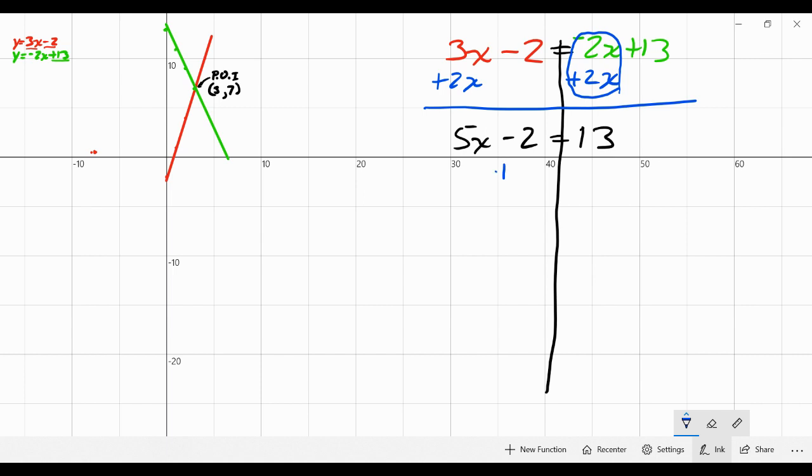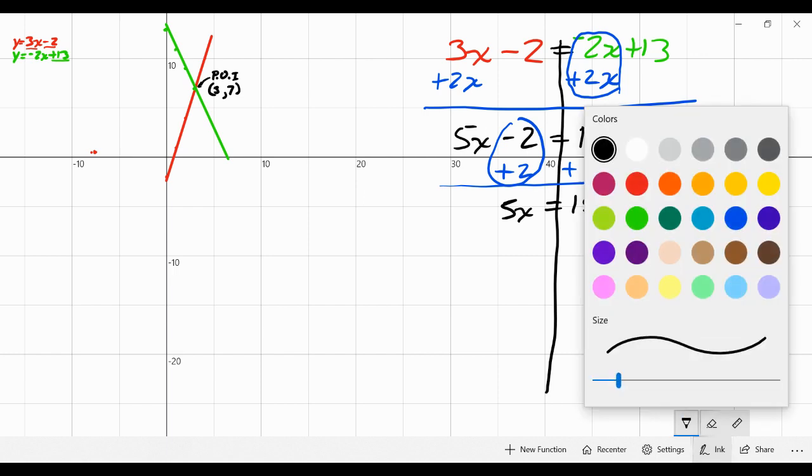I do that by doing the opposite, so positive 2. Did it on one side, so I do it on the other. This makes a 0 pair. So when I complete this, I have 5x equals 15.